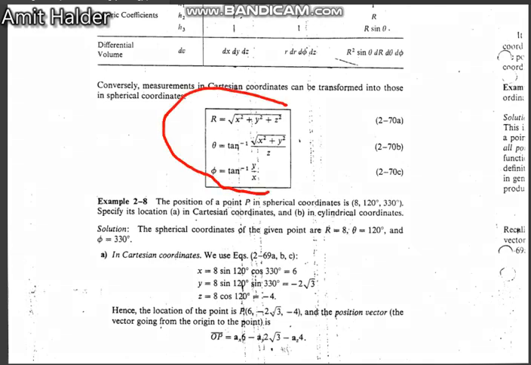So sine theta cos phi will be x divided by the square root of x square plus y square plus z square.